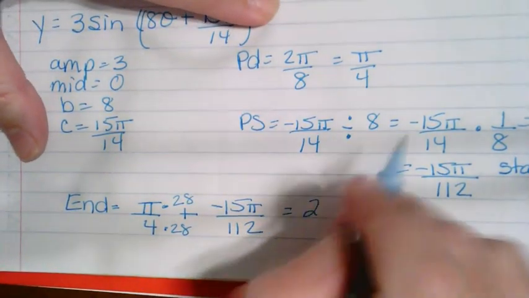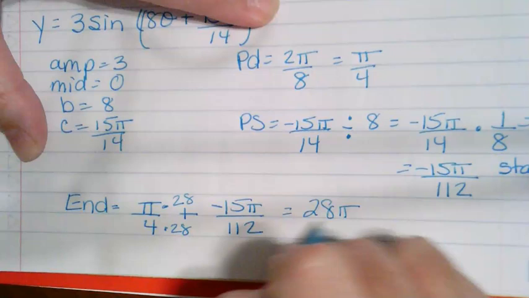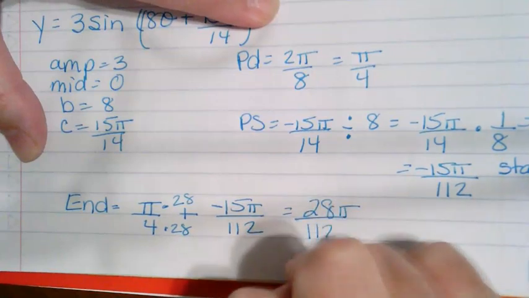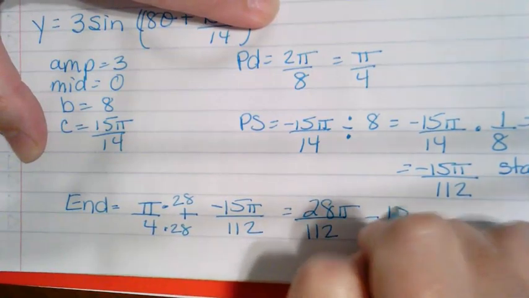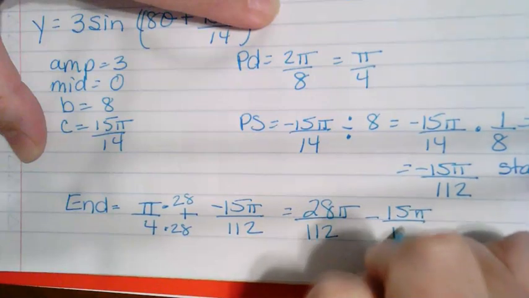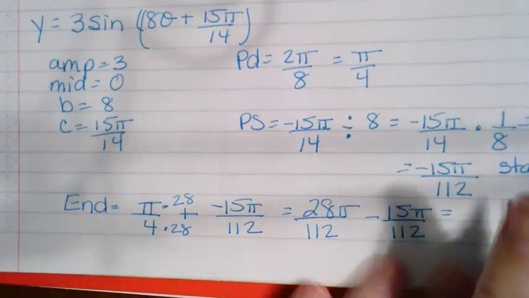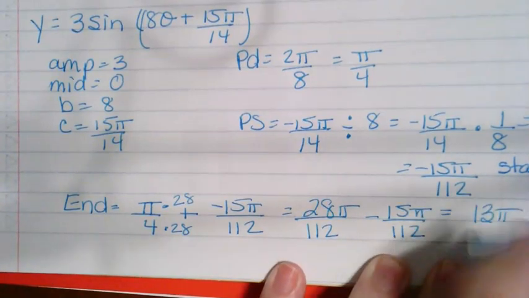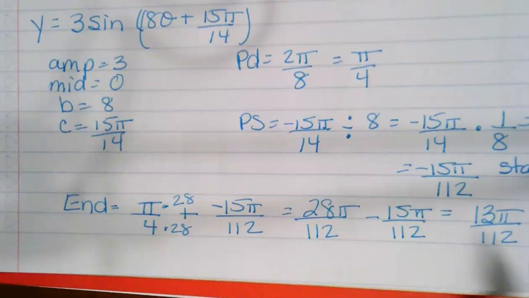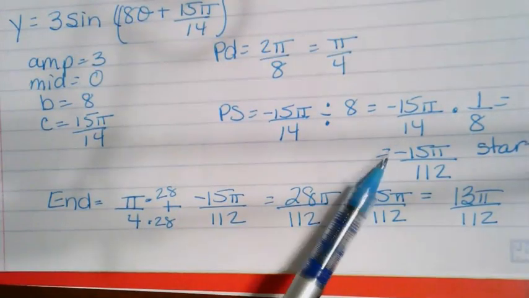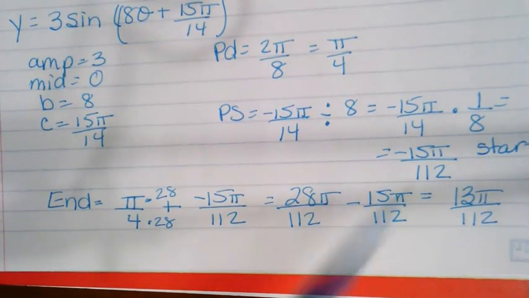So 28 pi over 112 minus 15 pi over 112. And I believe that's 13 pi over 112. Just please be aware we're starting on the negative side and we're going to end on the positive.